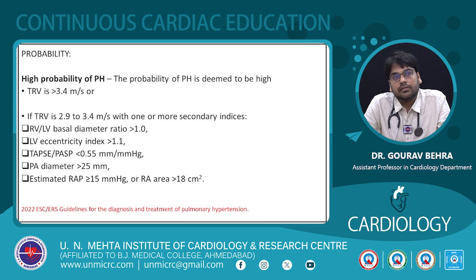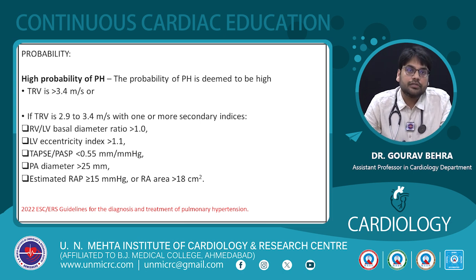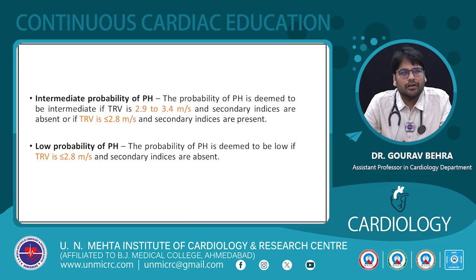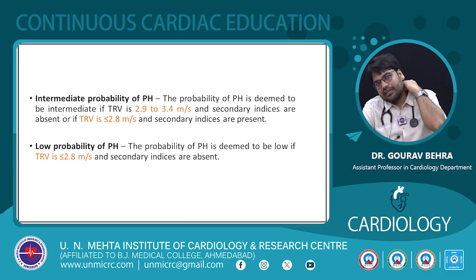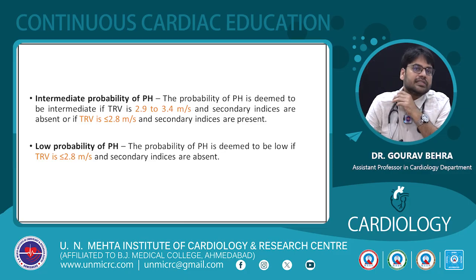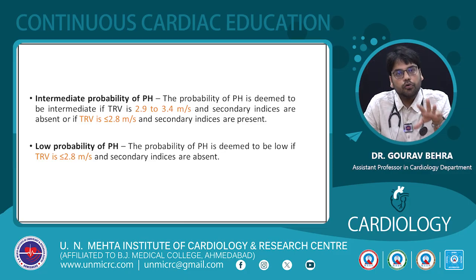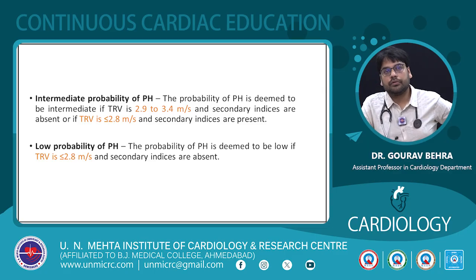These indicate a high probability of PH. Intermediate probability is when the velocity is 2.9 to 3.4 and secondary indices are absent, or TRV is less than 2.8 and secondary indices are present. Low probability is when you get a TR velocity less than 2.8 meter per second and secondary indices are absent.